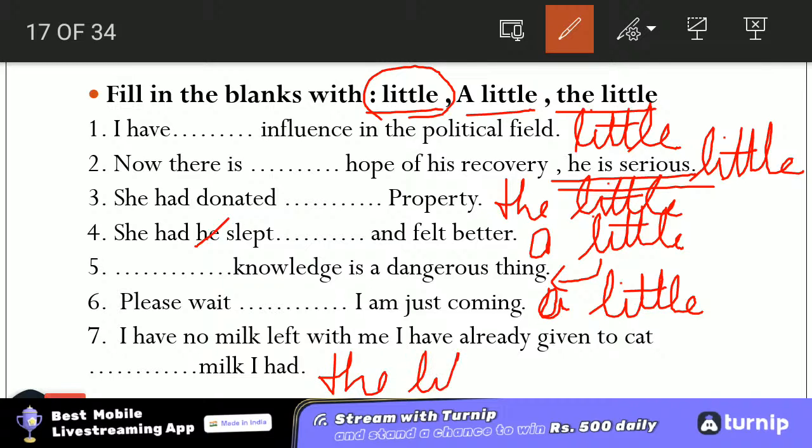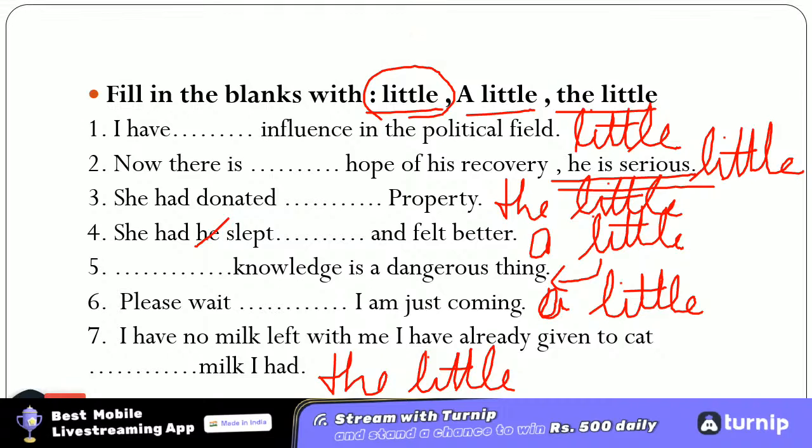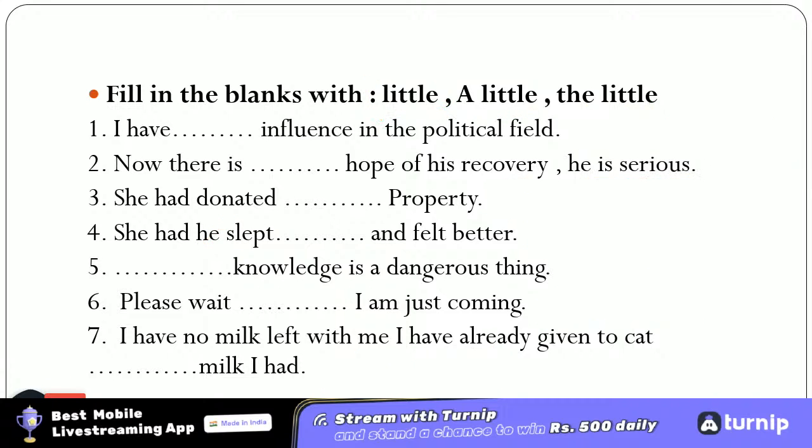Now it might seem to you कितनी easy exercise है, but since we do not know where to use what, we often make mistakes. So for that you need to know more about the rules and practice more about it. The next category which we will be talking about is few.